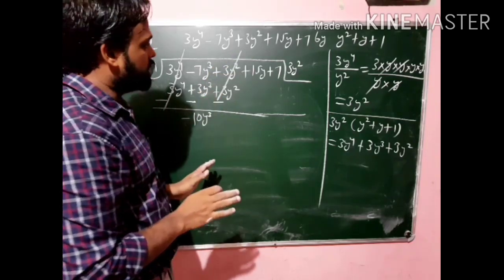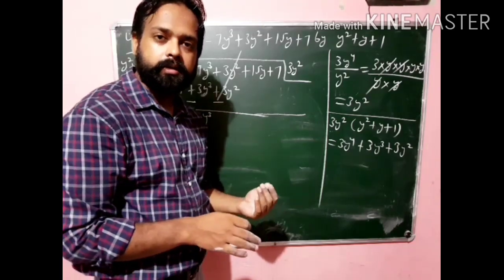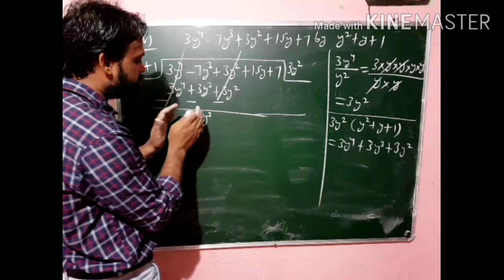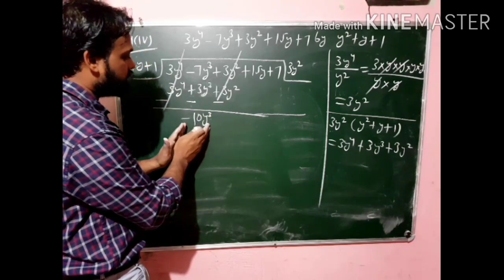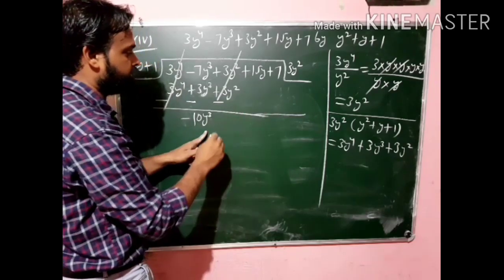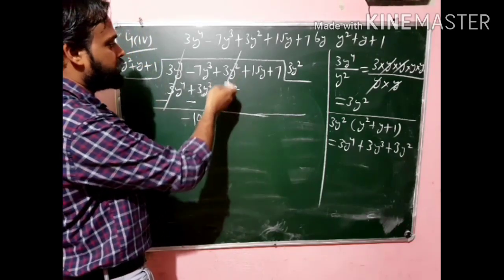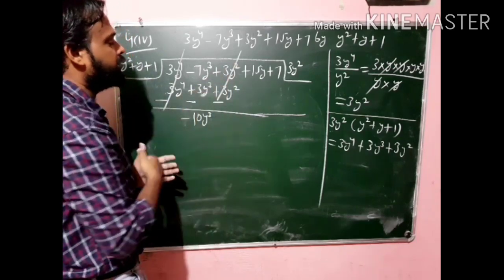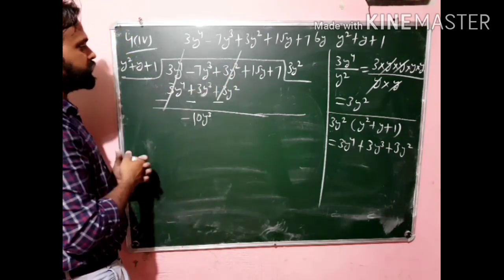But now listen carefully, the cube power is still here in the sum, and it means we have to write the square term also. Even in this case we don't need to write this y square term because it is already removed from here, like this 4 is removed.